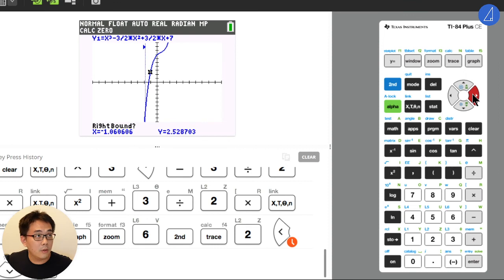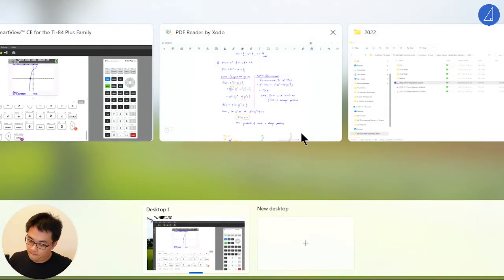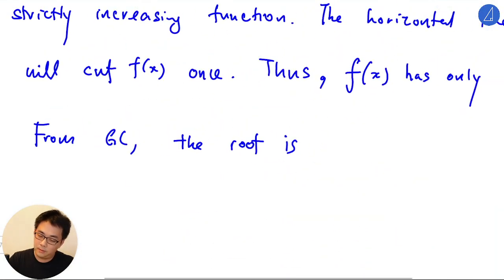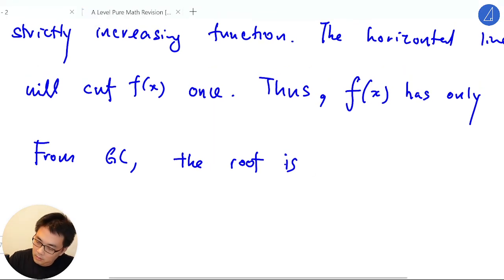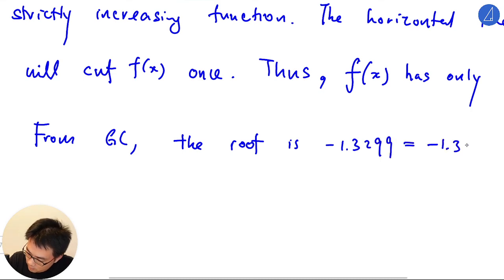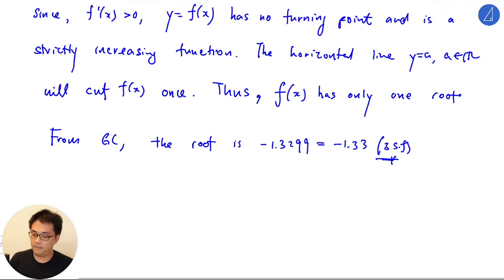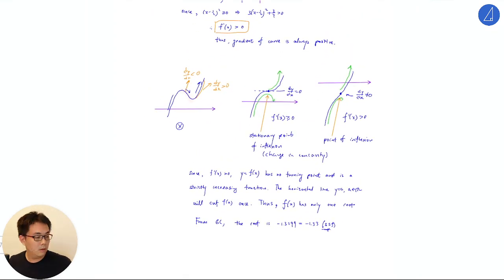The last part should be quite fast. This is negative 1.3299, from GC. Okay, this is how. All right, so you don't need to draw the diagram out. This is just for explanation.